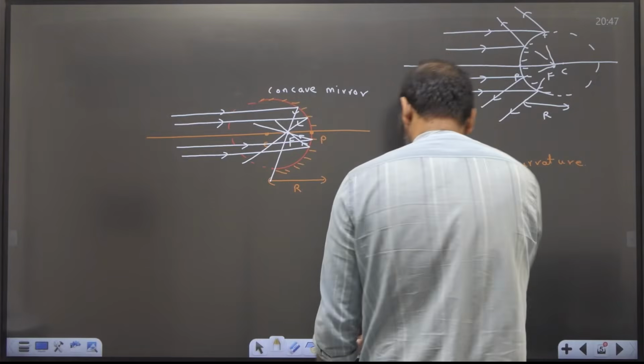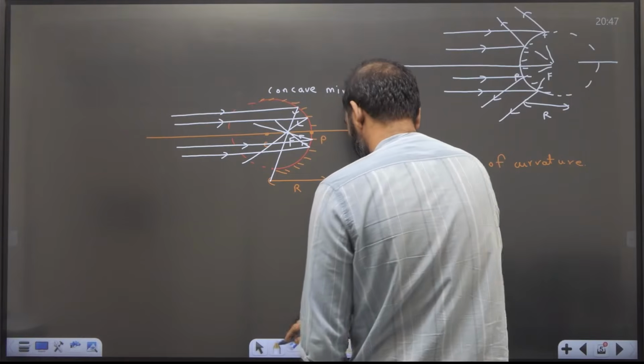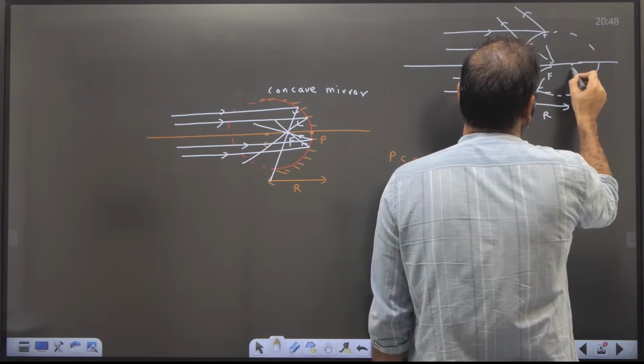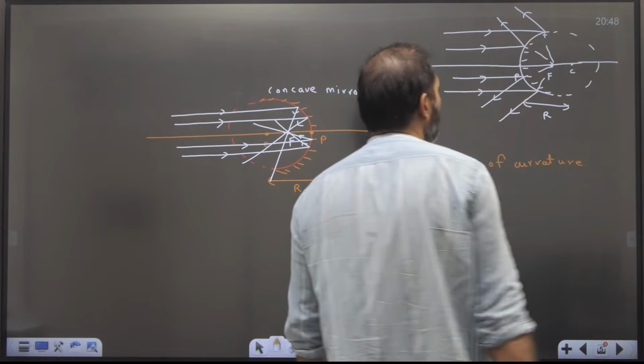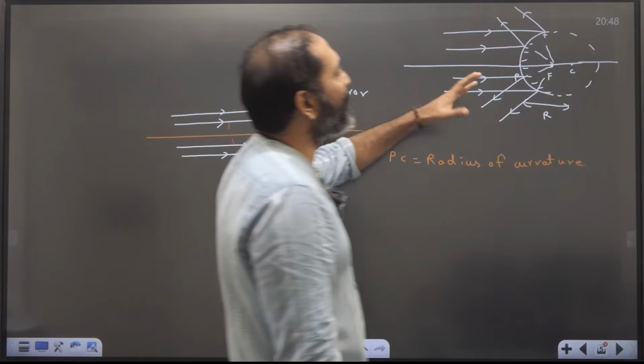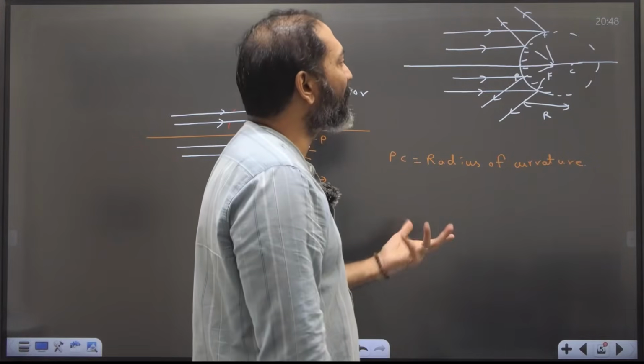Now, I am moving C a little bit far away. Let this be C. This is the principal focus. See, in a convex mirror, reflection takes place from the outer side of the mirror. So what happens?